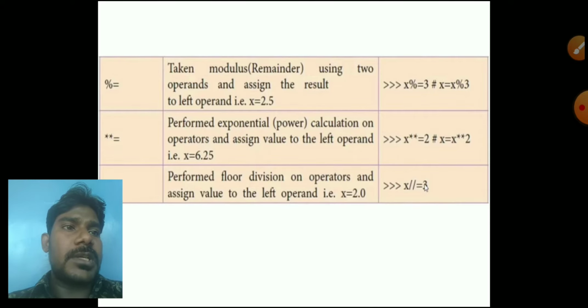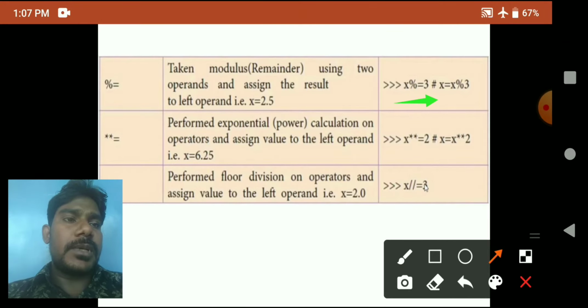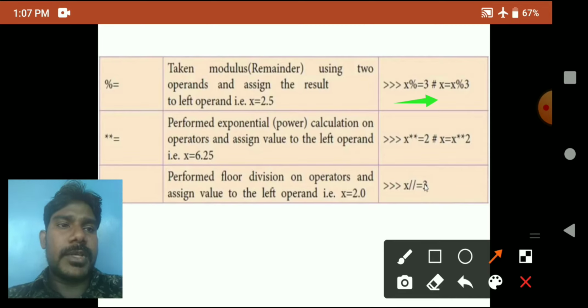For these also we give an expression. x modulus equal to 3 expands to x equal to x modulus 3. The modulus symbol is used to give the remainder value. The floor division is used to give the quotient value, only the integer value.